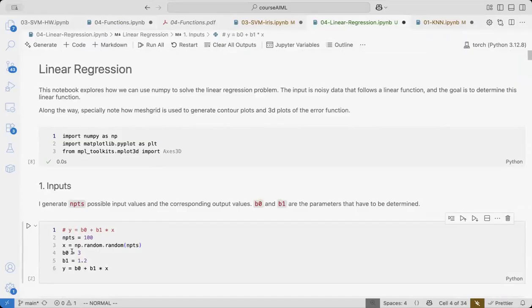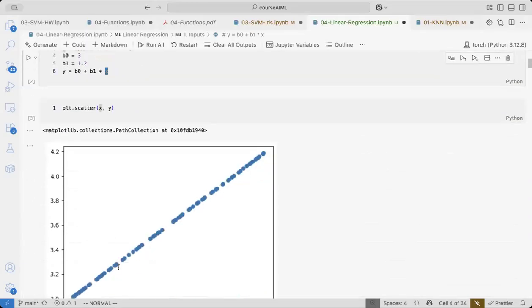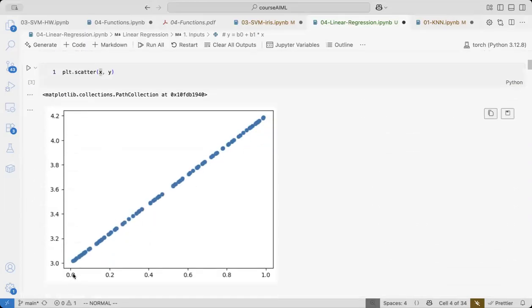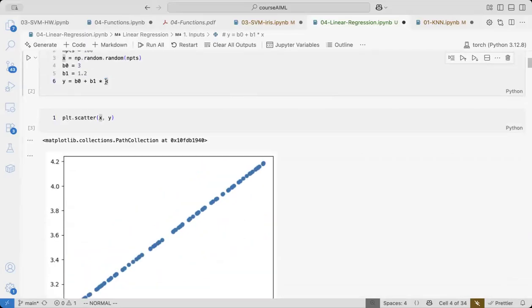First, I'm going to generate the data set. I'm going to fix a value of B0 and B1 so that I can generate my data, right? So if I generate, let's say, 100 values for X and I calculate 3 plus 1.2 times x, right? And then I plot it, I'm going to get something that looks like this. So I've generated 100 values of x, I plug it into this equation, b0 plus b1x, and I get this line.